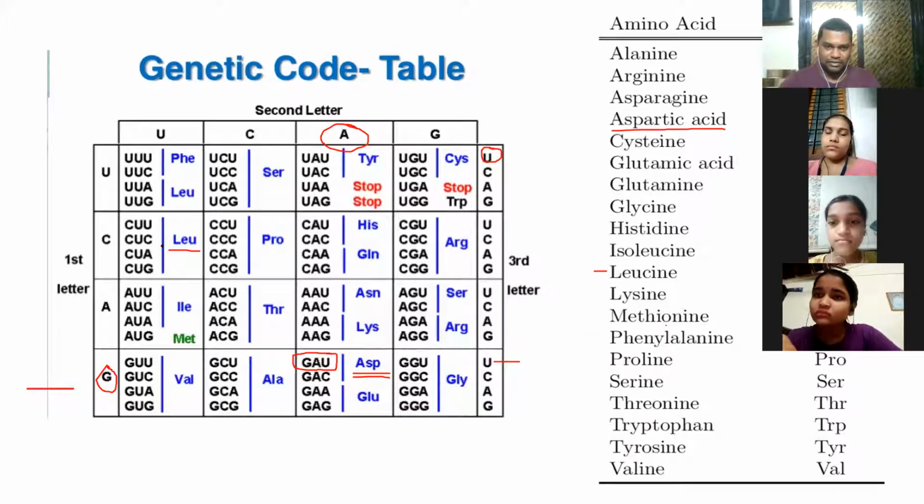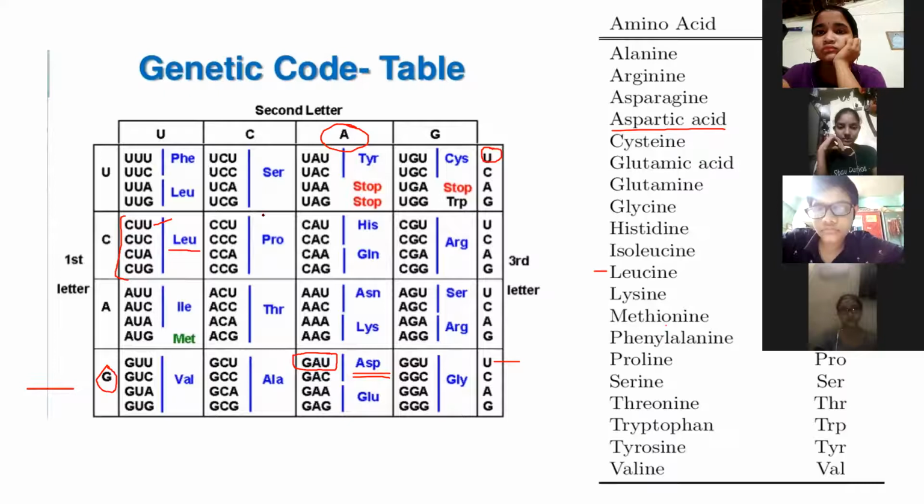Okay, so leucine, if I take as one amino acid, it is coded by 4 of these codons, you can see. So that means, for one amino acid, there are 4 possible codons. But if you take a codon, say CUU, as you can see, CUU is coding only for leucine.